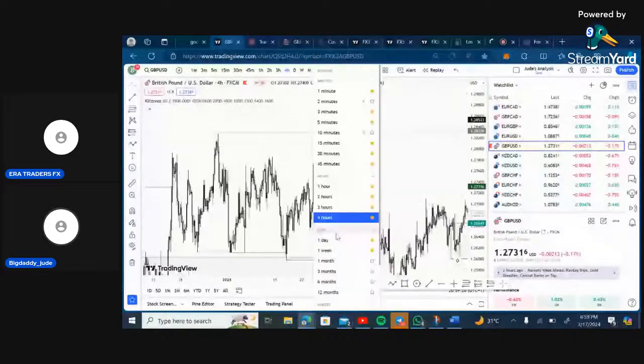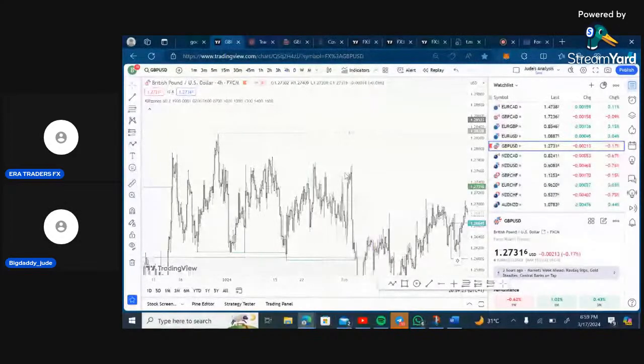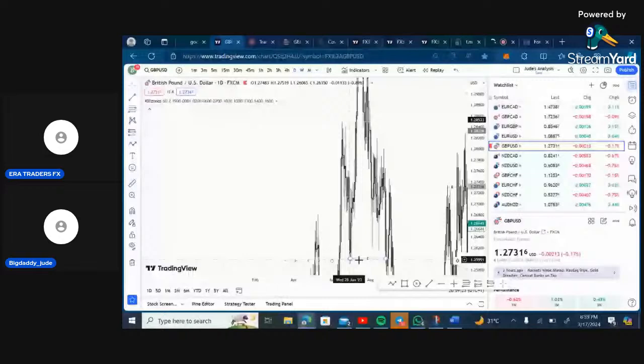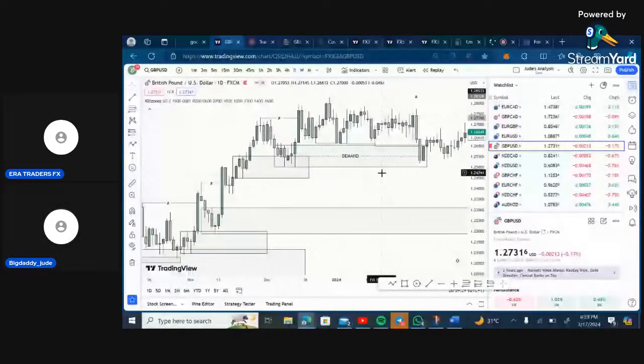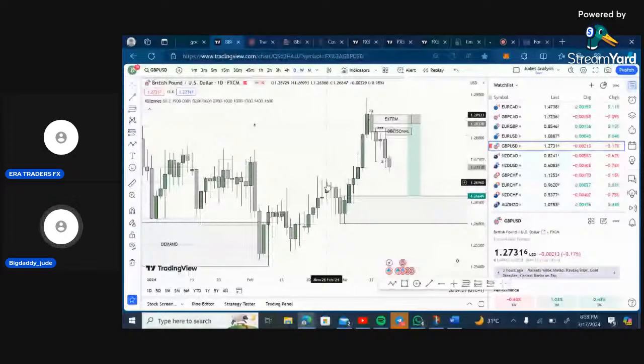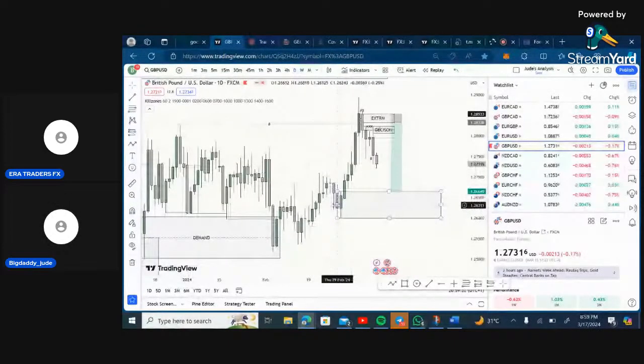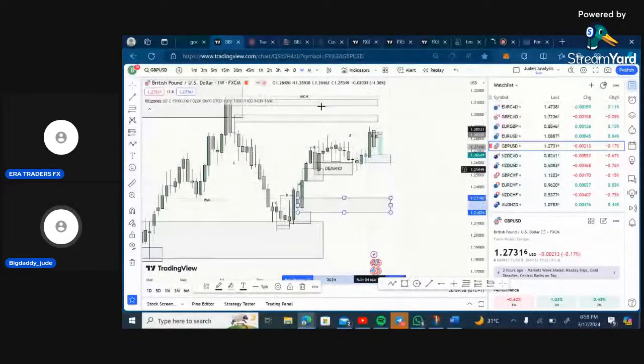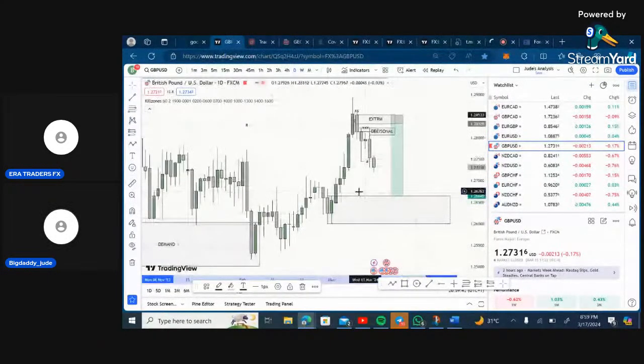So going down to the, okay, we had demand in control of price right here. So we had demand in control of price and we had a nice zone here, right? Had a nice zone here that we're expecting market to retrace back into before keeping our bullish movements.